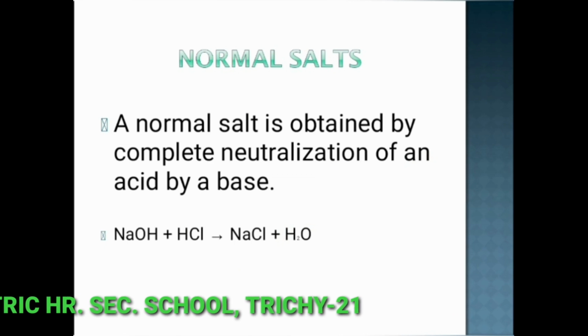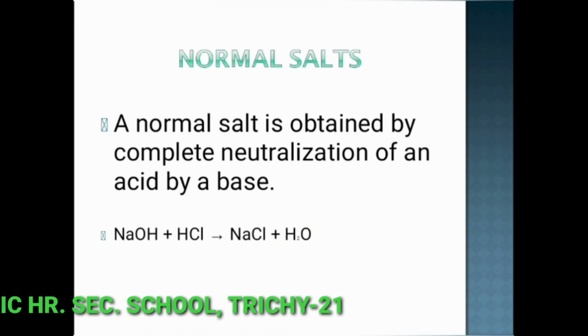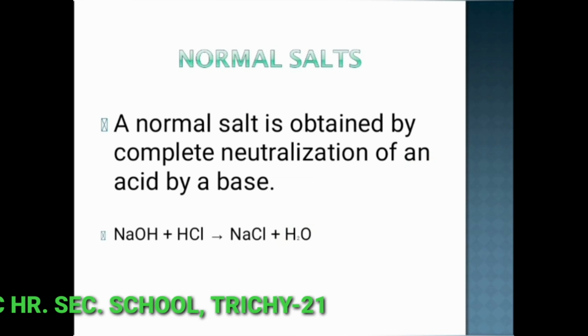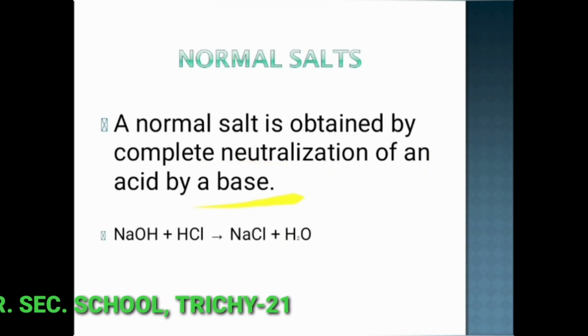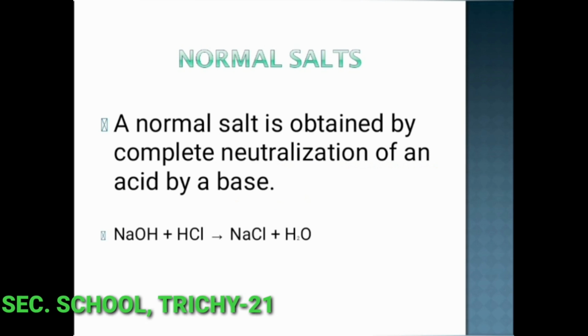What are normal salts? A normal salt is obtained by complete neutralization of an acid by a base. So we know, what is a neutralization reaction? The chemical reaction between acids and bases.